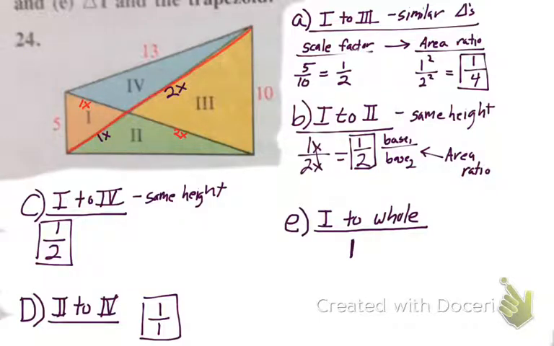Yep. All right, so our 1 in every single one of these problems has been 1 on top. So we're going to leave 1 on top. That's our starting ratio. Now I want to compare it to every single shape we've already seen. So when I compared my area ratio from 1 to 3, I had 1 over 4.